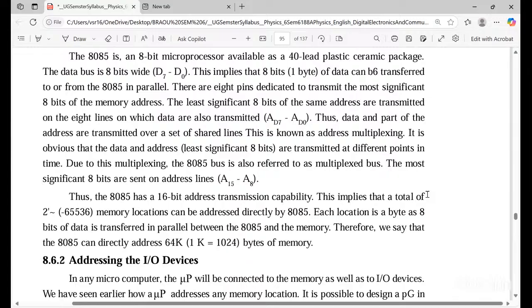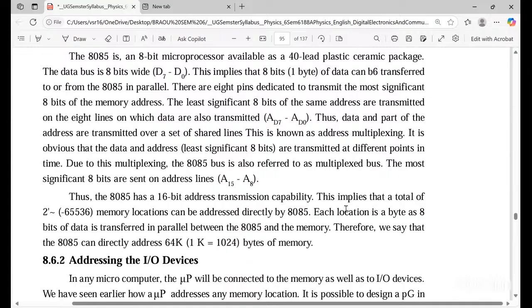The same 8 bits of address are transmitted on the 8 lines, which are also data lines, AD0 to AD7. And the most significant 8 bits are sent on address lines A8 to A15. So here 8085 has a 16-bit address transmission capability.